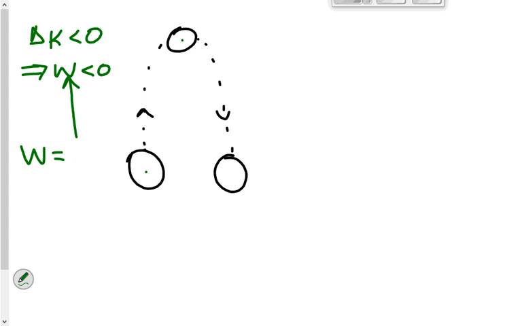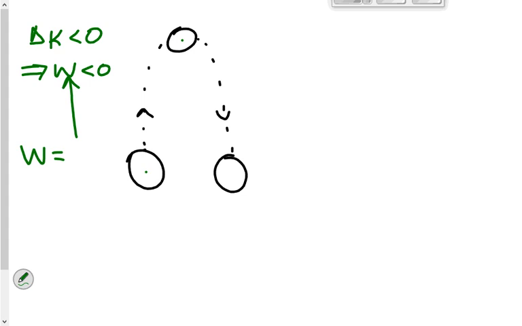What's work equal to in general? What's our favorite equation for work? F dot D. What's my F in this situation? The force of gravity. How do I write the force of gravity? mg, mass times g. Which way does the gravitational force point? Down towards the Earth. Which way does D point?